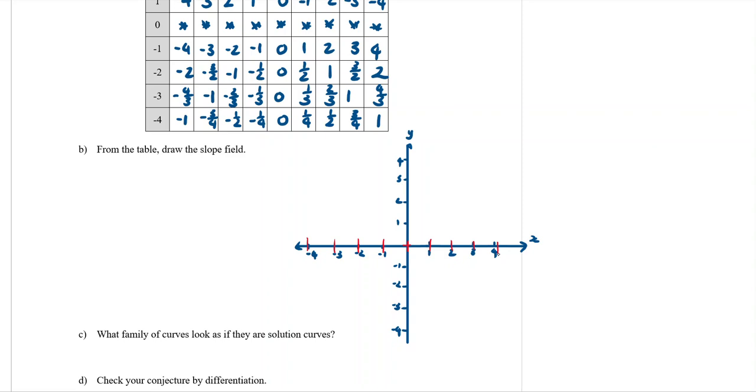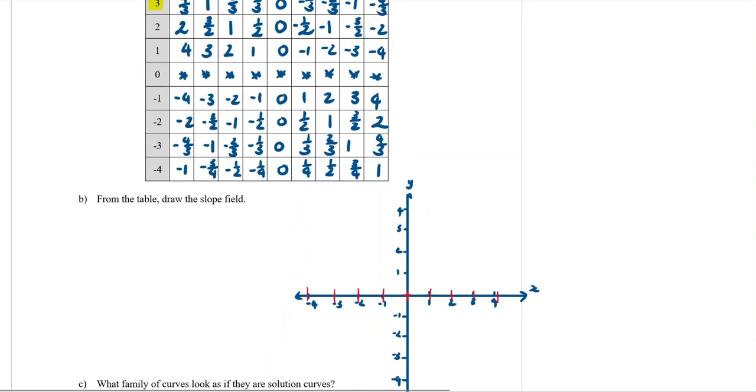Okay, now above and below that, so let's do the positive one. We have a slope of positive 4, which means we need a very steep gradient of 4. And as I come across, it's going to get slowly less steep, shallower. As I get to x equals 0, it will be horizontal because it'll be a 0 gradient.